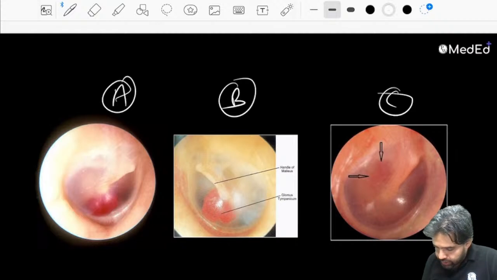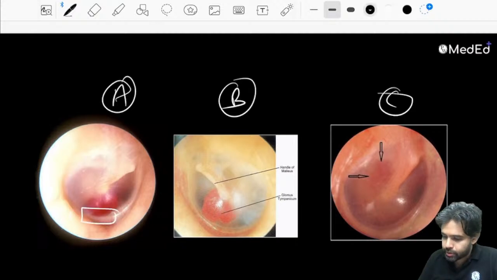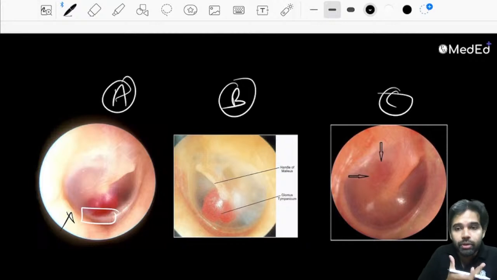If you cannot see the inferior border, it is because the glomus jugulare is coming from the hypotympanum. So rising sun sign is in A. This is the rising sun sign.